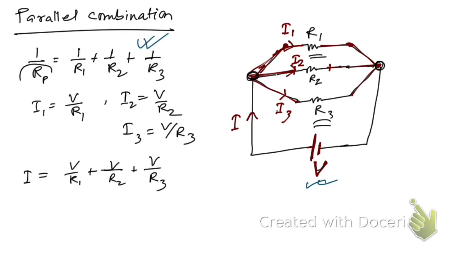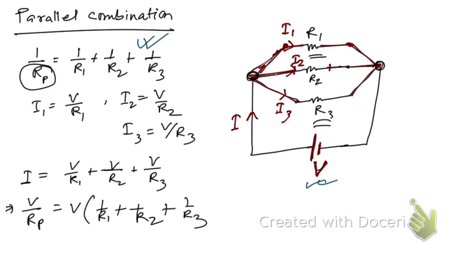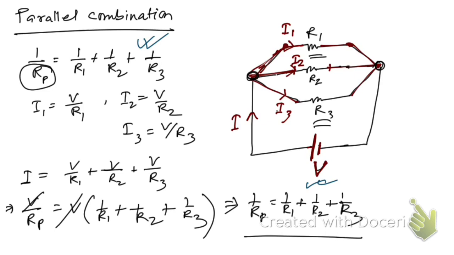If the effective resistance is Rp, then this I must be equal to V by Rp, right? Here you can take V common, so we have 1 by R1 plus 1 by R2 plus 1 by R3. V cancels, so we get 1 by Rp is equal to 1 by R1 plus 1 by R2 plus 1 by R3. That's how we find the equivalent resistance of a parallel combination. Hope you have understood this.